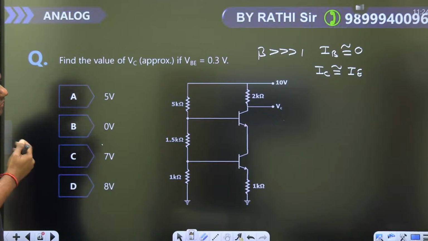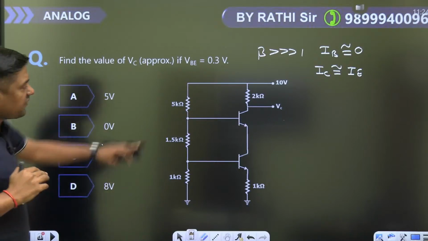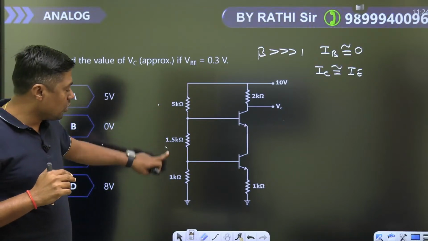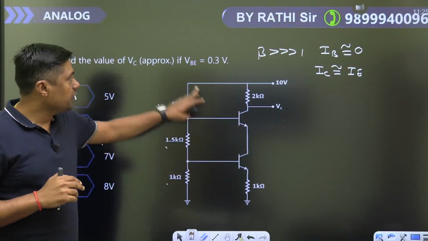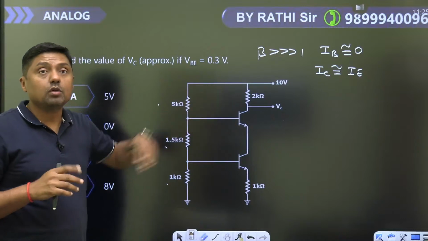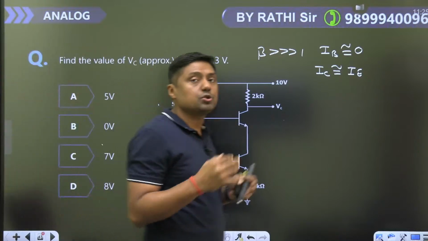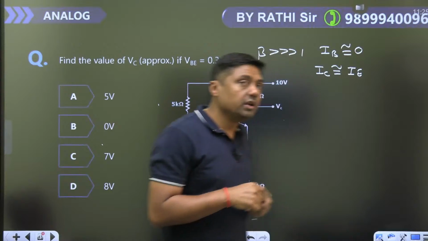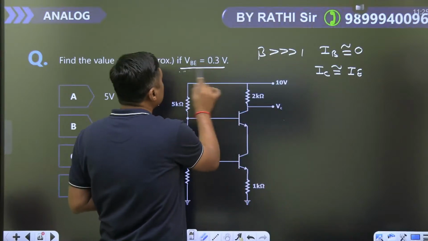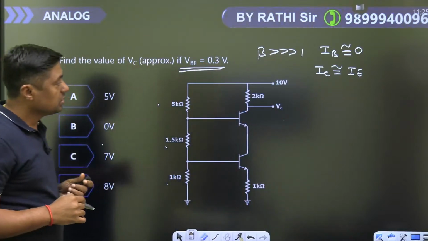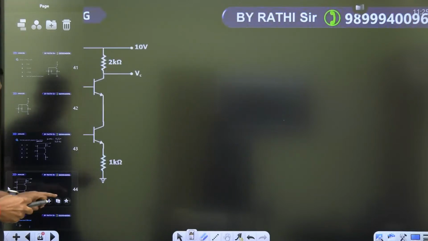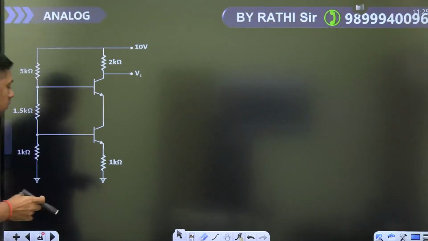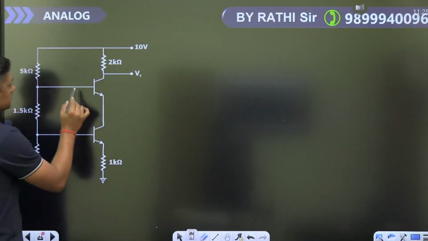Find the value of the VC. Now, watch this. This is the 5 kilo ohm resistor, 1.5 kilo ohm, 1 kilo ohm resistor. This is the 1 kilo ohm resistor. The VB value is 0.3. Normally by default we take 0.7 volt, but what is given in the question? 0.3 volt.